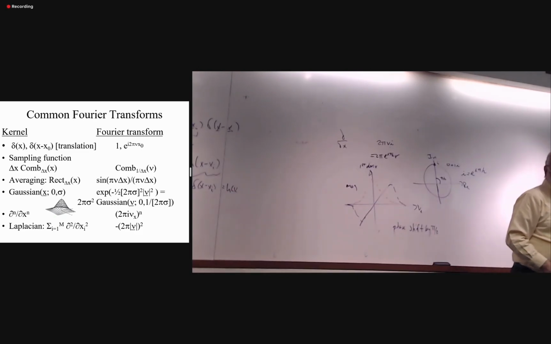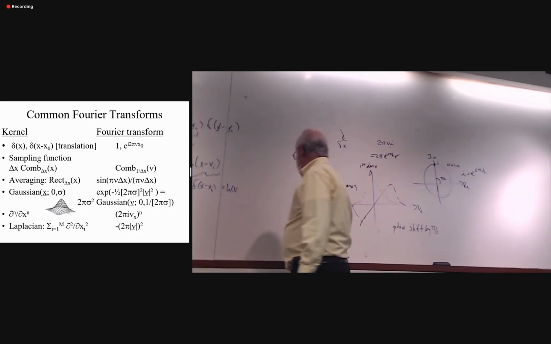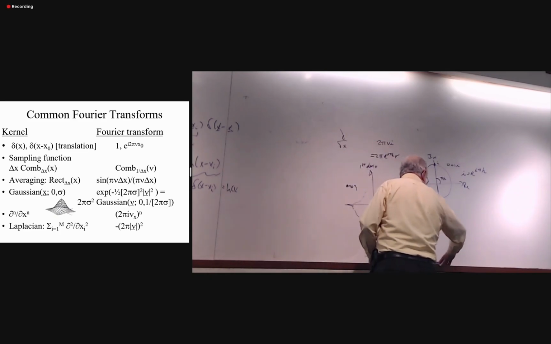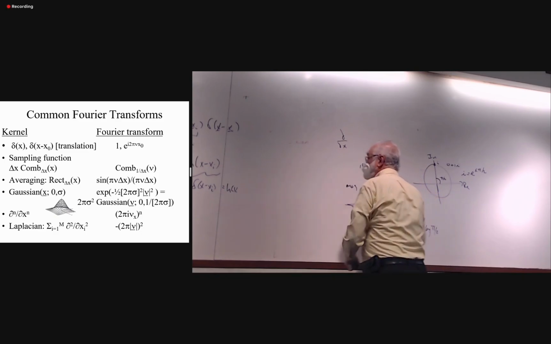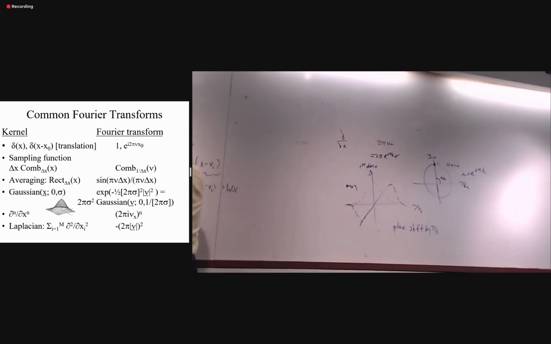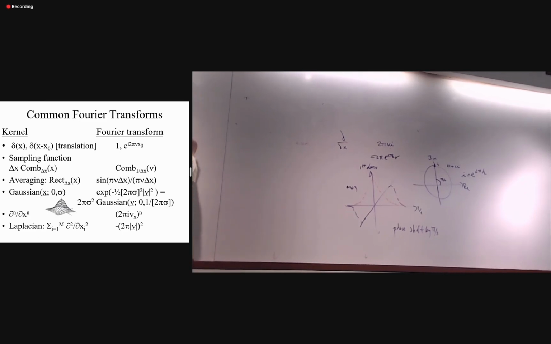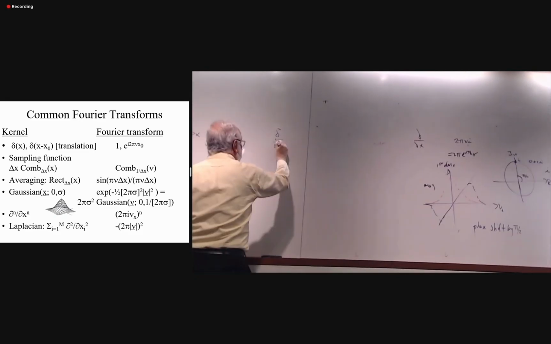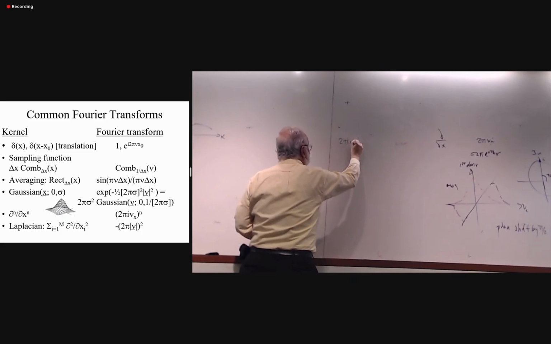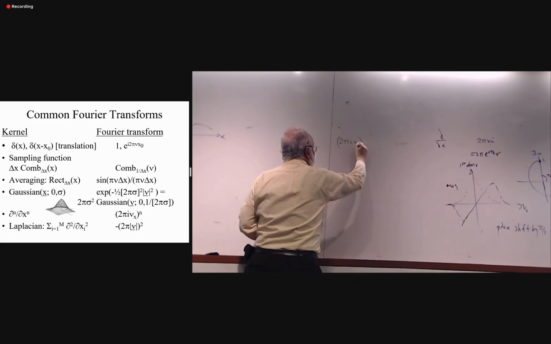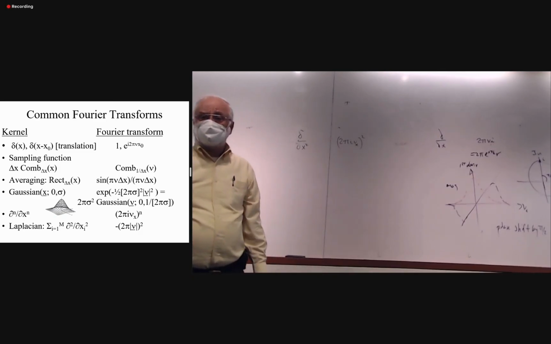Okay, fine. What about n equals 2, second derivatives? Well, for the second derivative, d2 by dx squared, we get (2 pi i nu x) squared, because it's the derivative of the derivative.